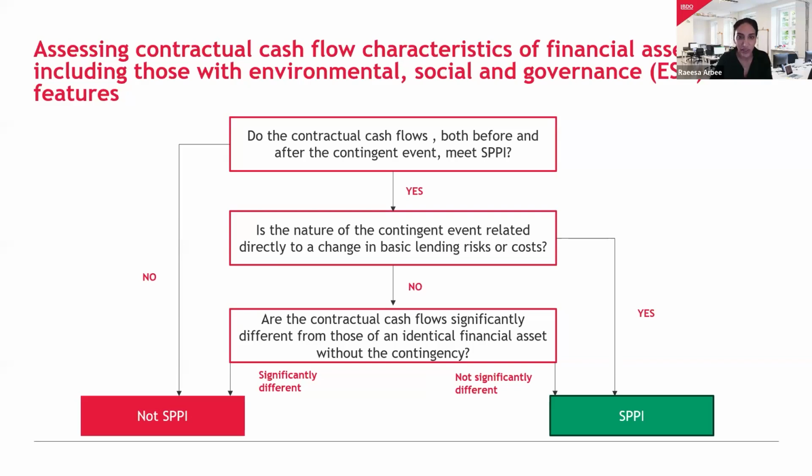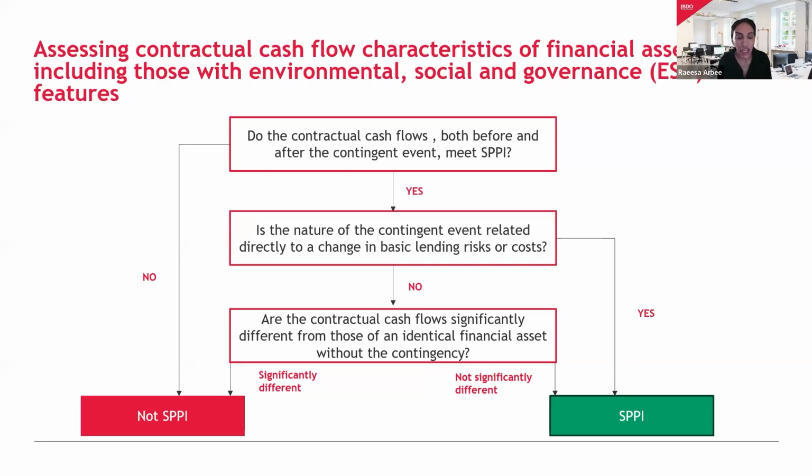So if we start off with our example, which is I've got a loan and the interest rate is indexed to an emissions target. We ask ourselves this first question: do the contractual cash flows both before and after the contingent event meet SPPI?